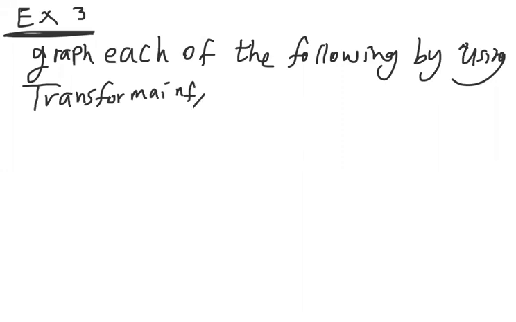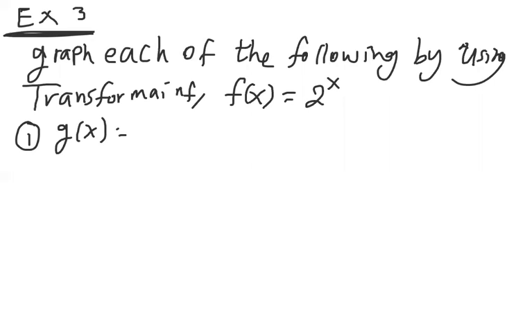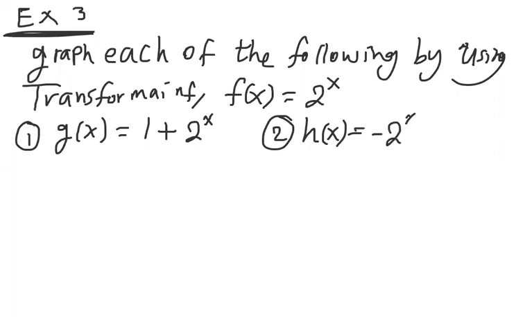My given function is f of x equals 2 to the x. First one, graph g of x equals 1 plus 2 to the x. Second one, graph by using the transformation, you don't have to use the plotting points, h of x equals minus 2 to the x. Third, find k of x equals 2 to the x minus 1.